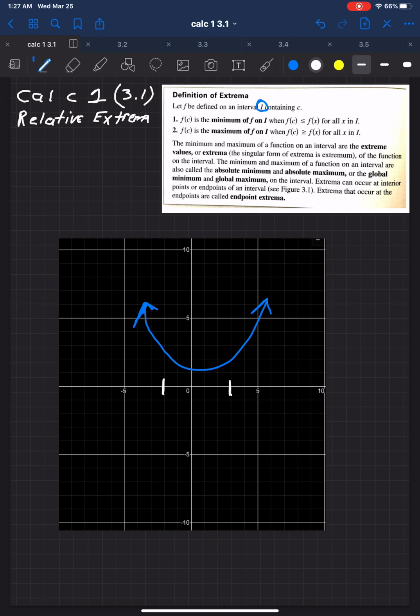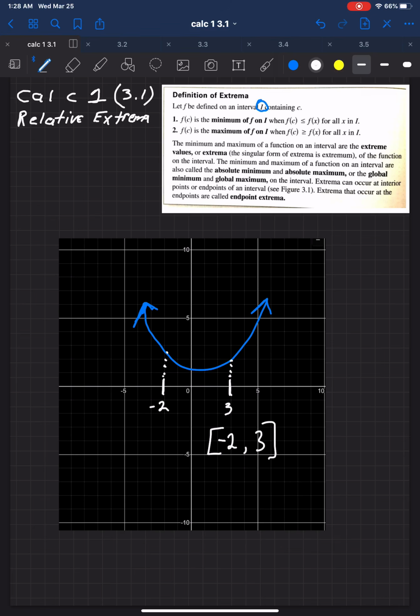Now, I can't read that. That looks like it's -2 to +3. If that's not the case, don't laugh at me. Don't hurt my feelings.